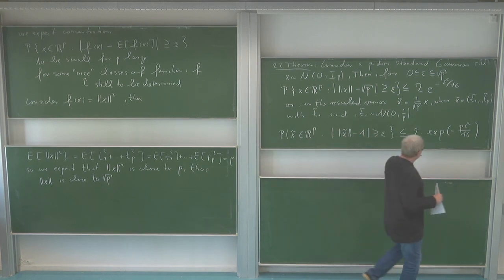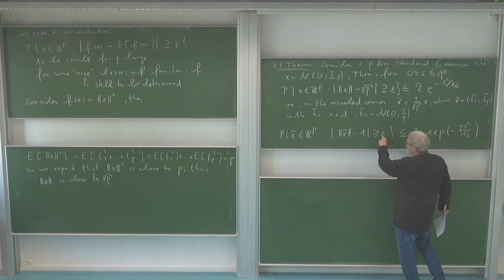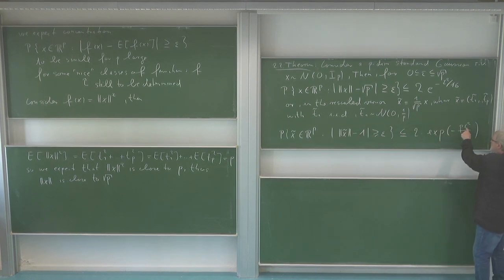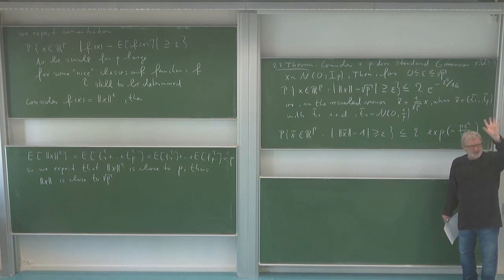And maybe in this form you also see in which neighborhood of the norm we are sitting, that's where this quantity here is constant. So if you choose epsilon in the order of 1 over square root of P, that's where, if you increase the dimension, your mass is more or less shifting to.